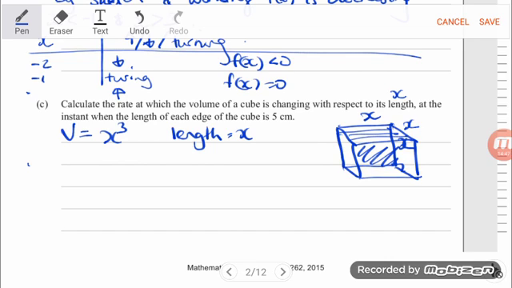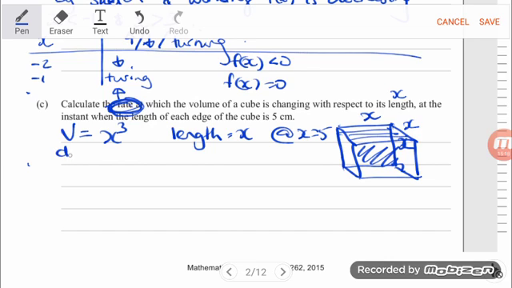Then it wants to know the rate. Calculate the rate at which the volume of a cube is changing with respect to its length at the instant when the length of the edge of the cube is equal to 5 centimeters. So it's actually told you at x equals 5. Again, when we're talking about a rate, we want to differentiate.